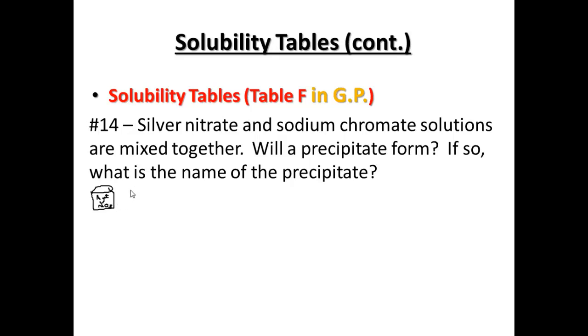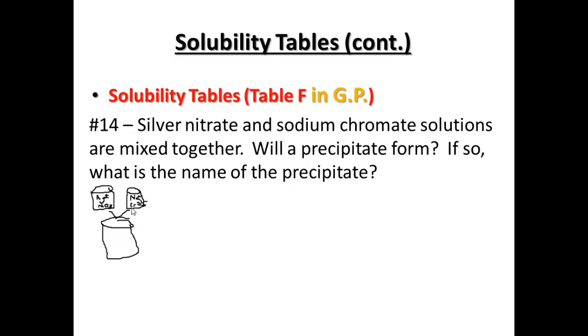It's a homogeneous mixture. Then we have a second beaker. This one has sodium aqueous ions, and chromate, which is CrO4 2-. Those are also going to be aqueous. Two homogeneous mixtures. And we're going to take these two beakers and add them to a new one.